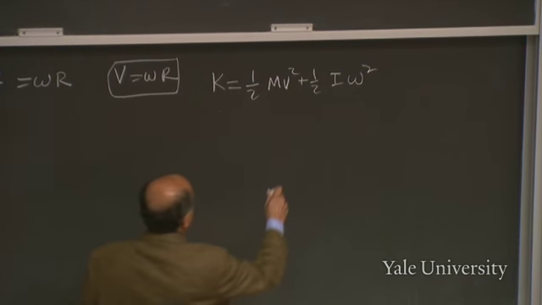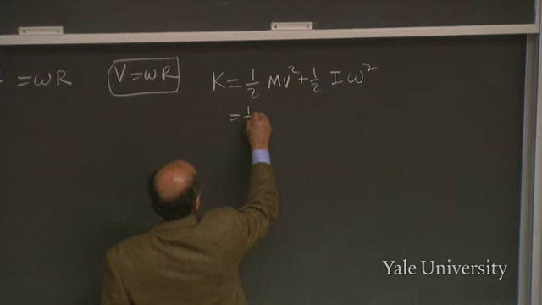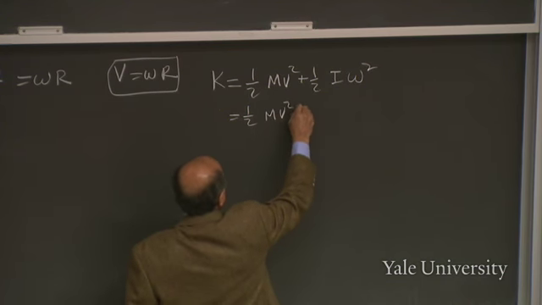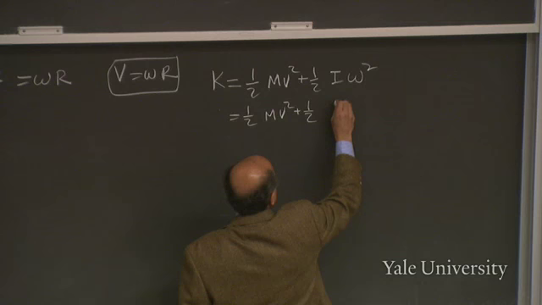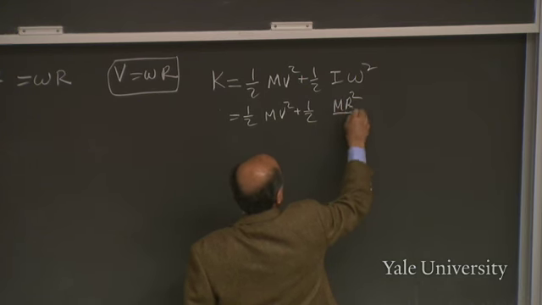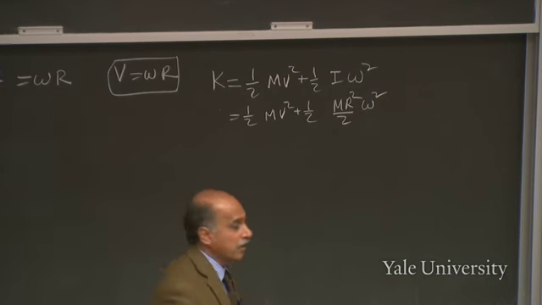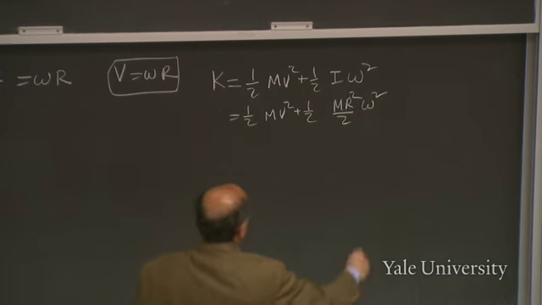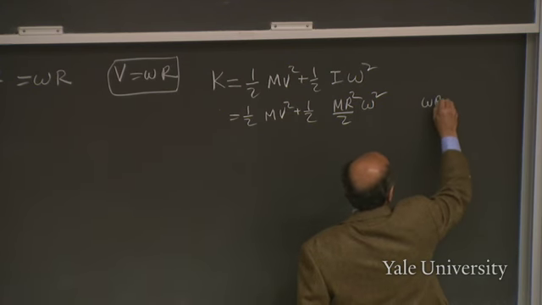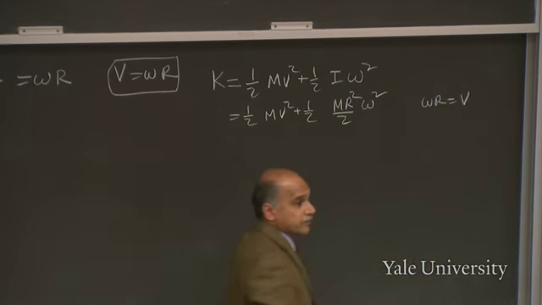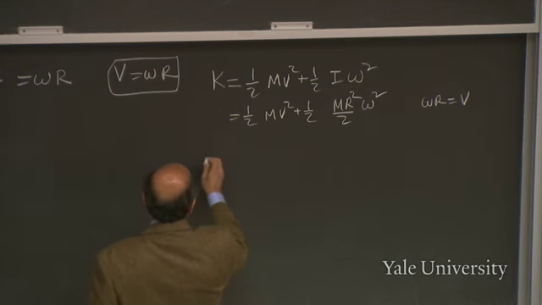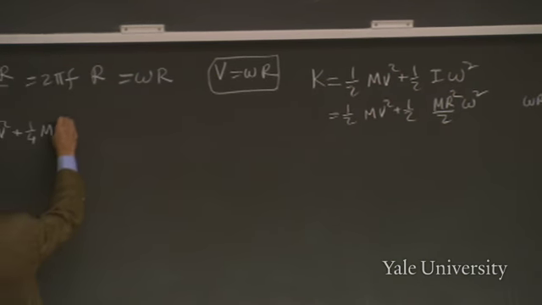But now I'm going to use the fact that it is 1/2 m v squared plus 1 over 2 times m r squared over 2 times omega squared. I've not done anything different. But now we must remember that omega r is the velocity of the car. So if I do that, I find, going back to this corner here, K equals 1/2 m v squared plus 1/4 m v squared.